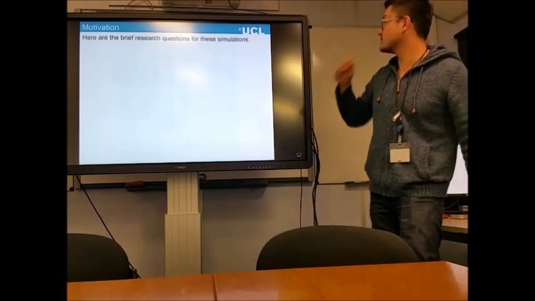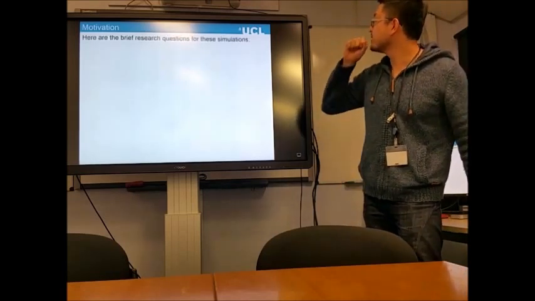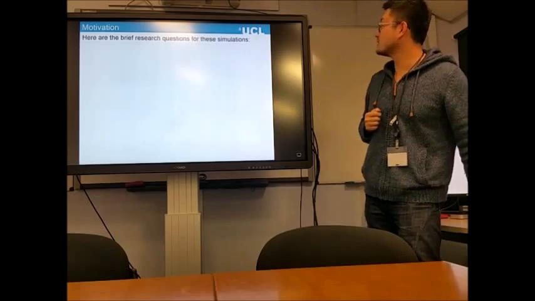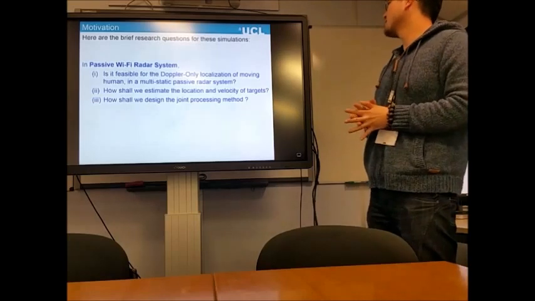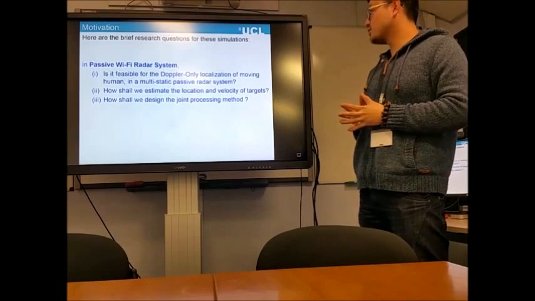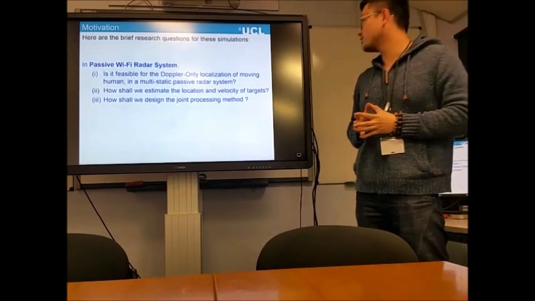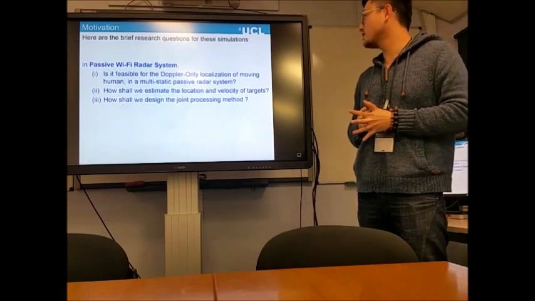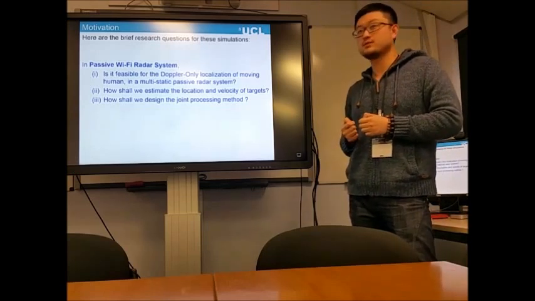First, there are several research questions for these simulations. The first is, in a passive Wi-Fi radar system, is Doppler-only localization of a moving human feasible in a multi-static passive radar system?